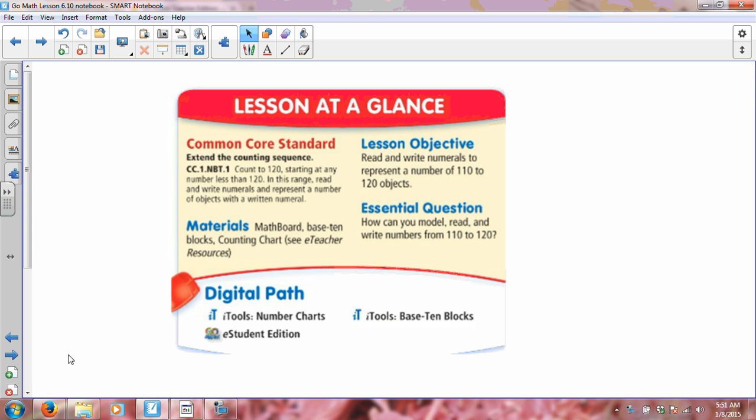So, today our objective is to read and write. Let me get my highlighter. Okay. So we are going to read and write numerals to represent a number of objects from 110 to 120.